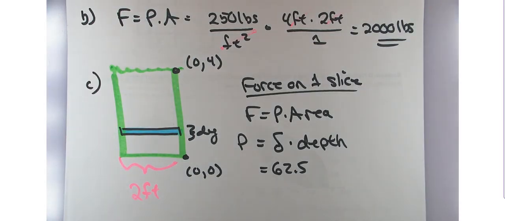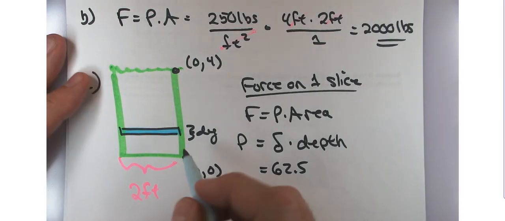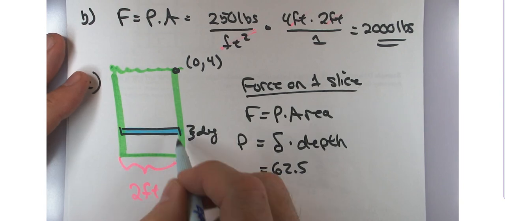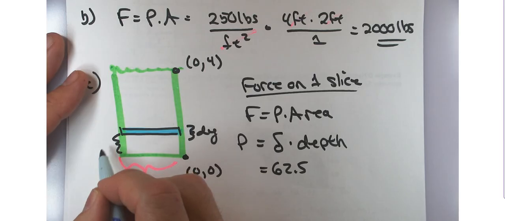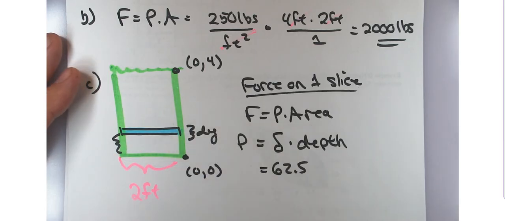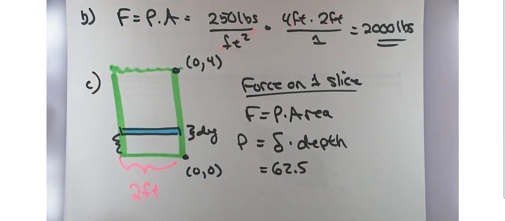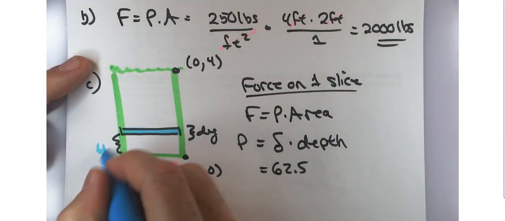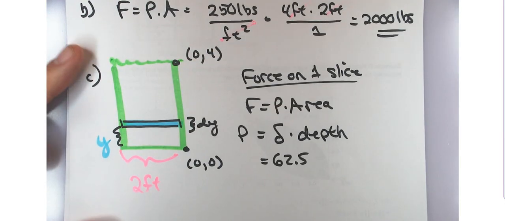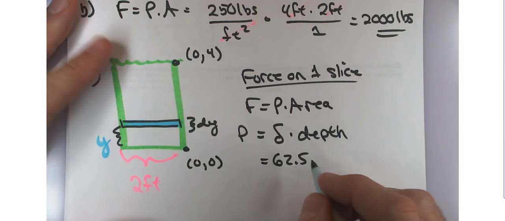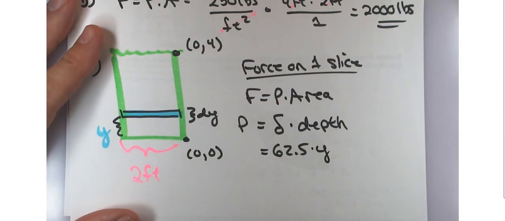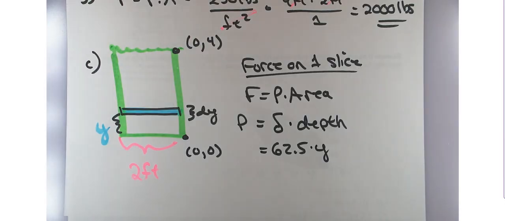Now, the depth in this case, let's see. I guess I can regard it as maybe being the height. That height is going to be a distance of y. You could also do the depth. I think it is going to give you a symmetric integral, but we'll keep it a little bit more user-friendly. So I got 62.5 times y.